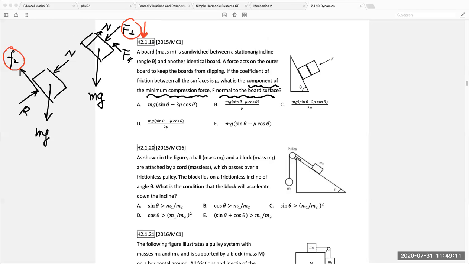So how can we get a smaller friction here? The friction here should be upwards, and this should be downwards. So this is really a trick question. If no questions, then let's have a look.